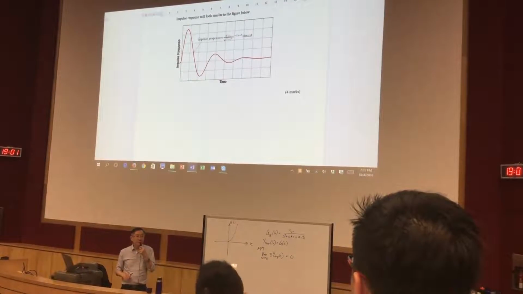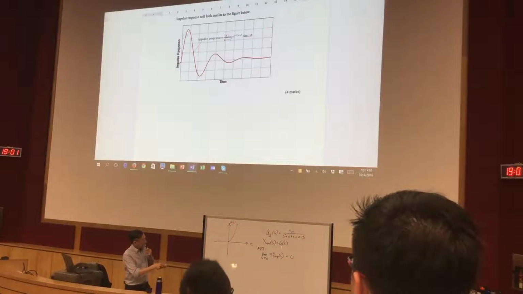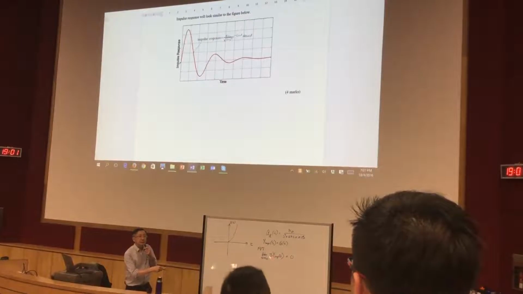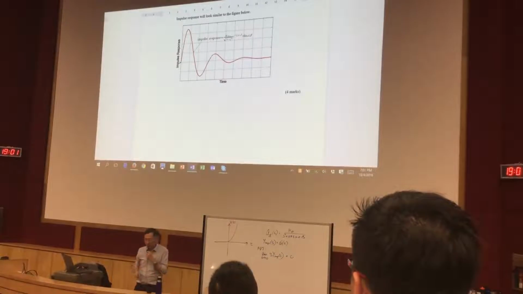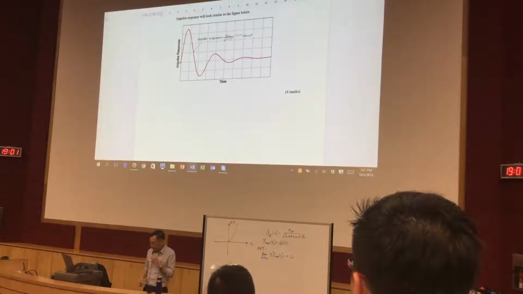Do you all follow me? So if you substitute this guy inside here, you still got an S in the numerator. You said it's 0, it's still 0. There's an S in the numerator. So that's question 5.